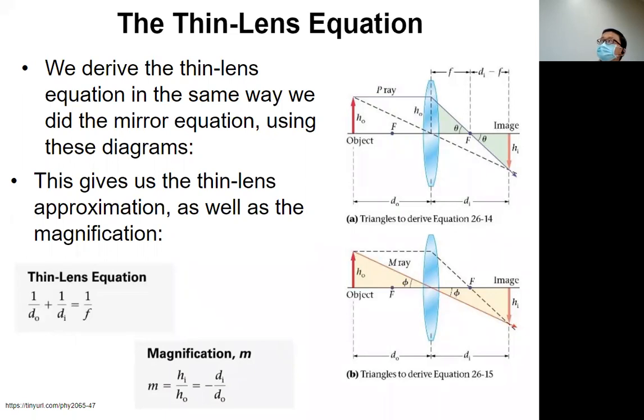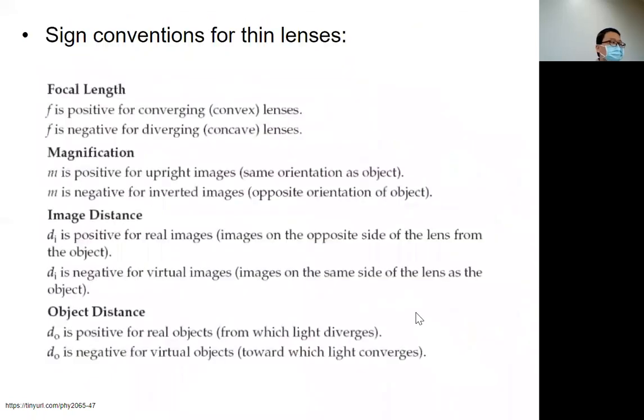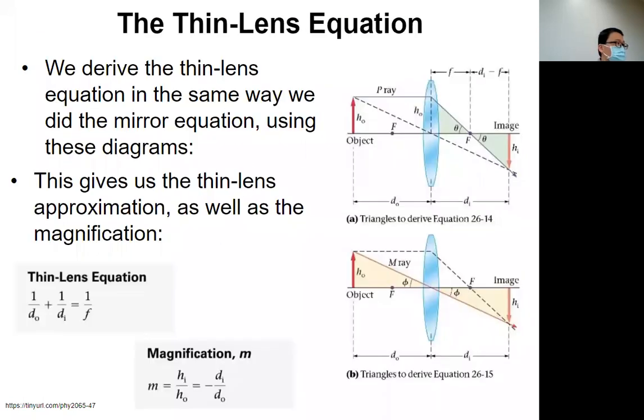You can take the ratios of the sides from one triangle: HI over this side should be equal to HO over this side. And then also HI over DI will be equal to HO over DO, okay? You can use those two equations to derive the thin lens equation.